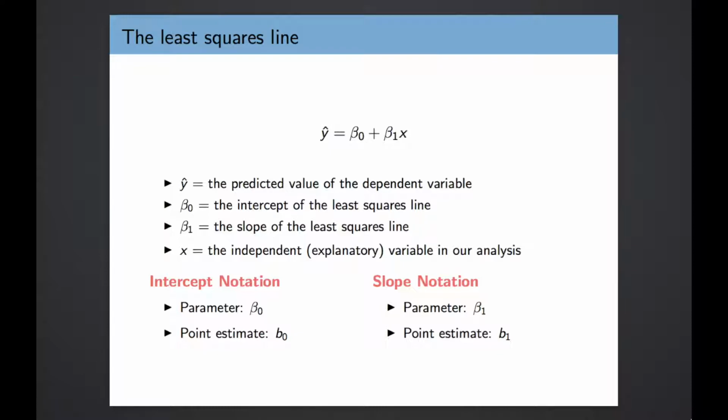So the parameters we're going to denote with this Greek letter beta, and the point estimates that are drawn from our sample we're just going to denote with this lowercase letter b. So for the intercept, our parameter is beta naught, but our point estimate is b naught. And for the slope, our parameter for the population is beta 1. Our point estimate from the sample is going to be denoted as b1.